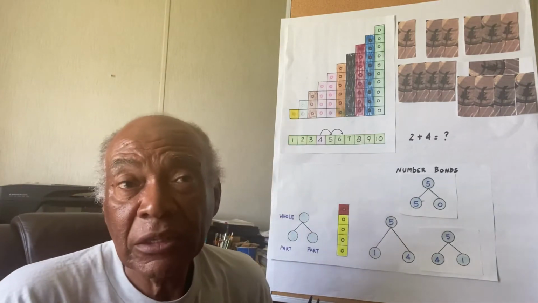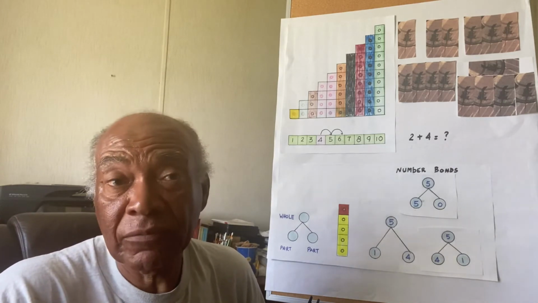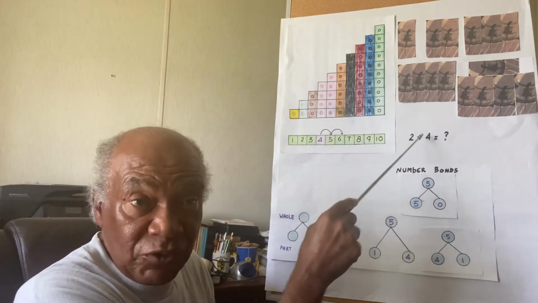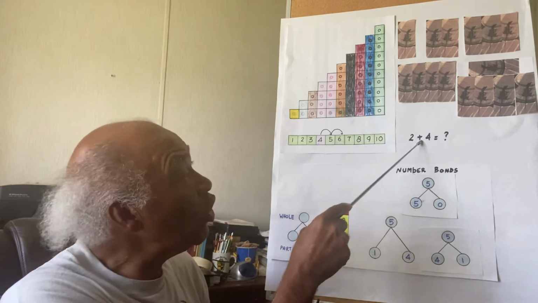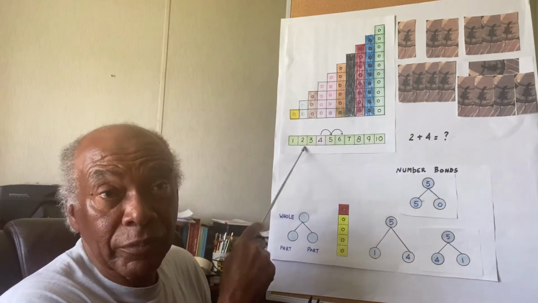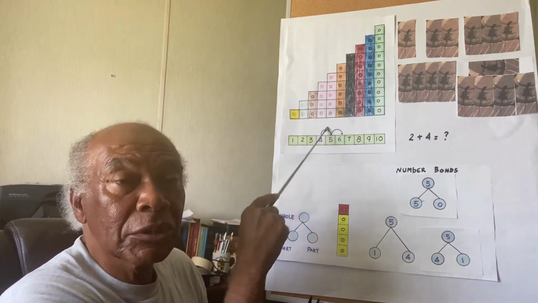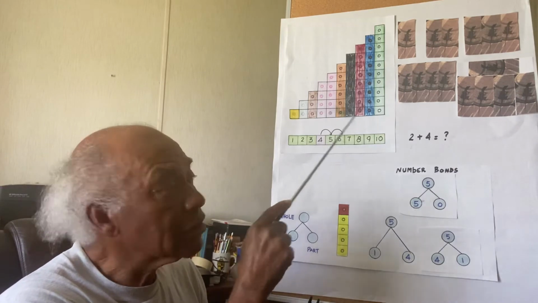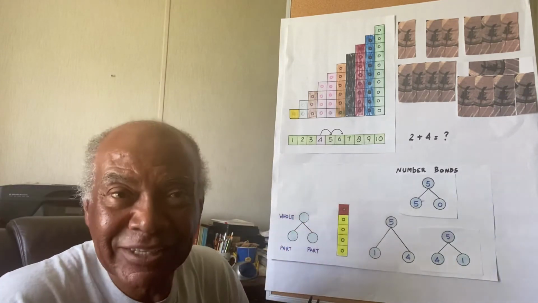Another way is to use our counting on. Counting on is out of the 2 plus 4, you always use the bigger number. So if we start at 4 and we take 2 hops, 1 hop, 2 hops, we will land on 6. 2 plus 4 is equals to 6.